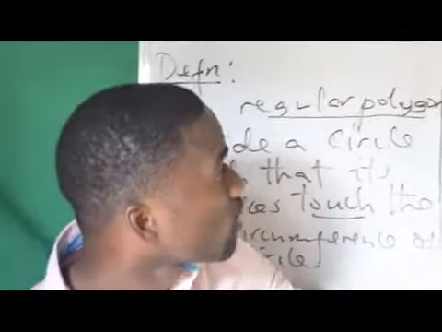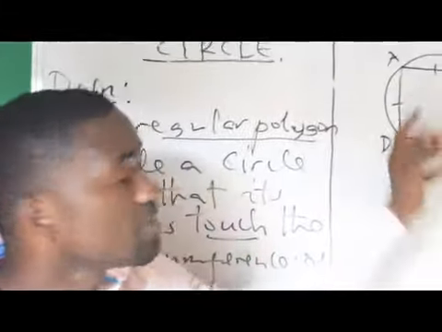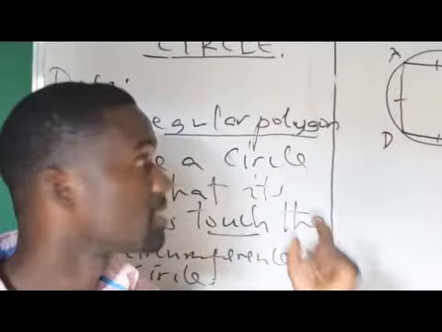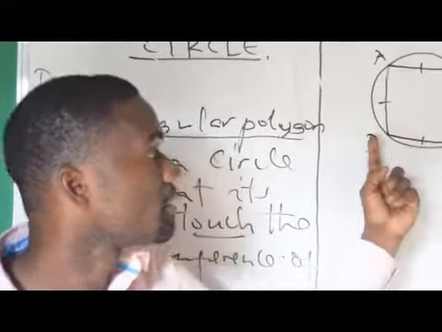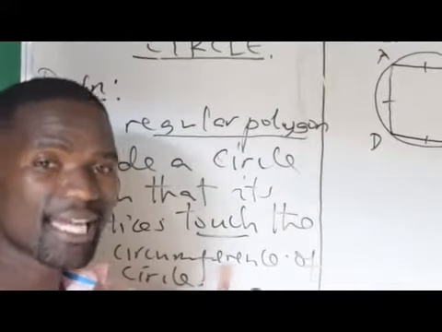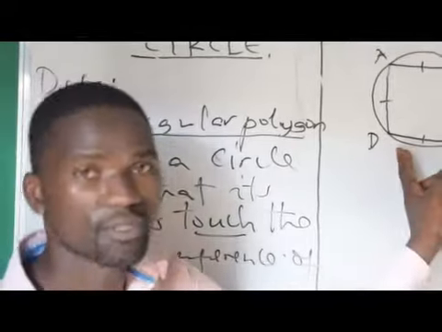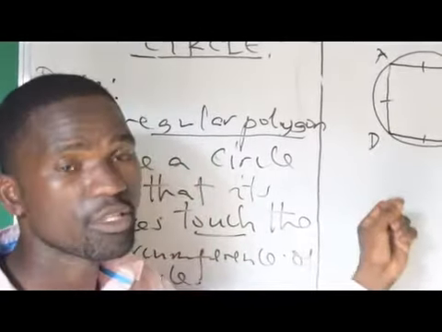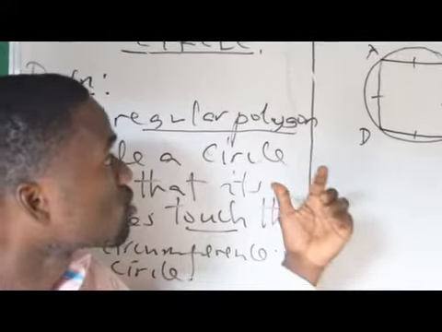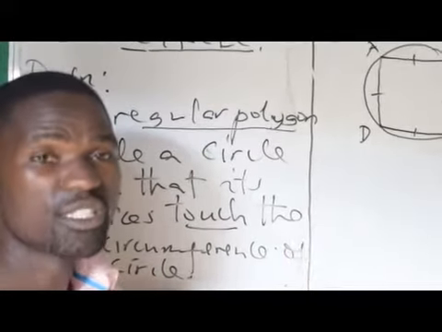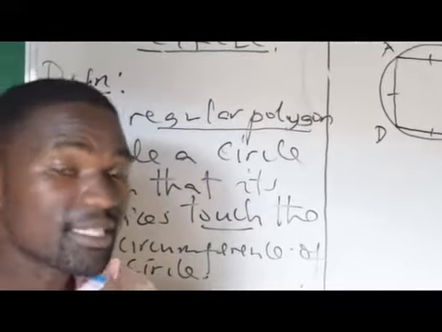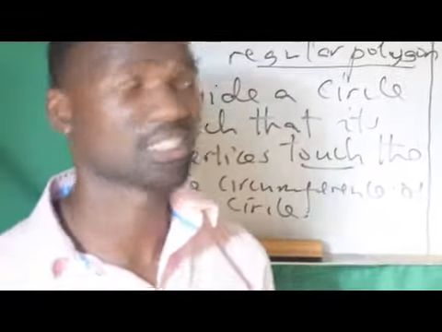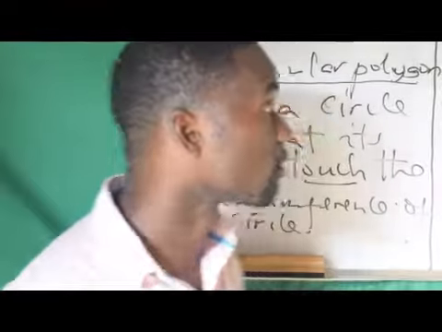Okay, a square ABCD is inside the circle, and the vertices A, B, C, and D all touch the circumference of the circle. This square is now a regular polygon which is inside the circle. To be inscribed, the necessary condition is that the vertices should touch the circumference of the circle.